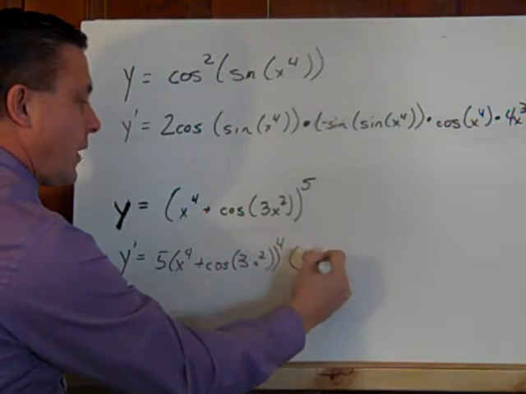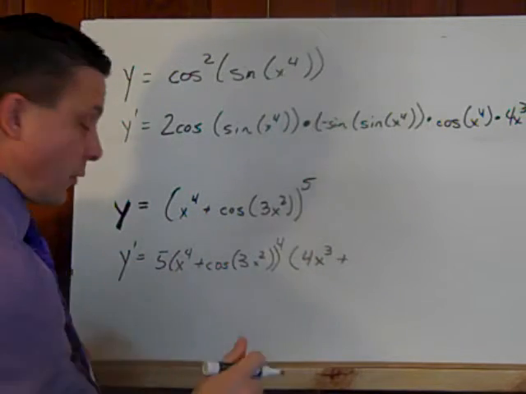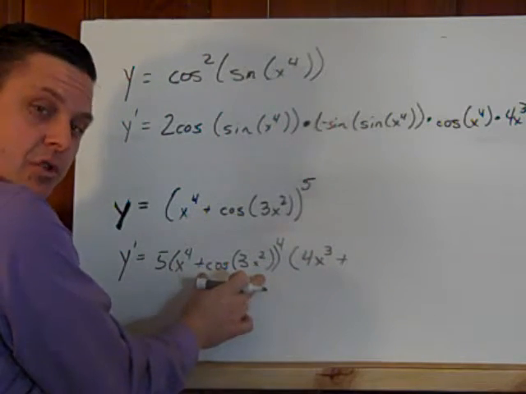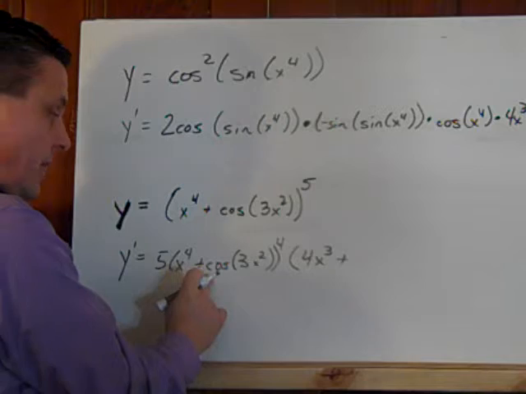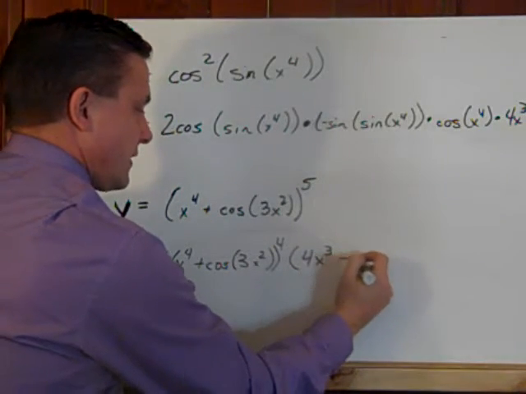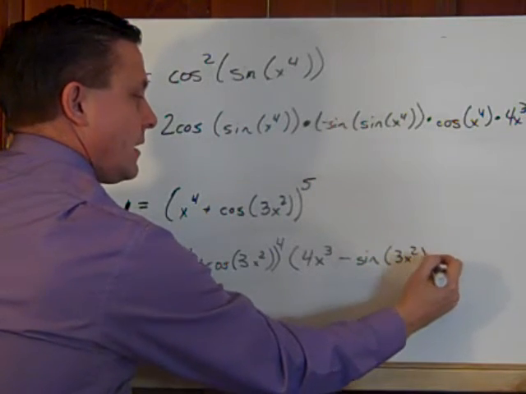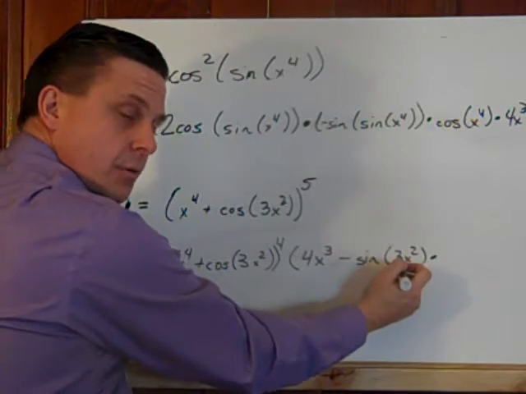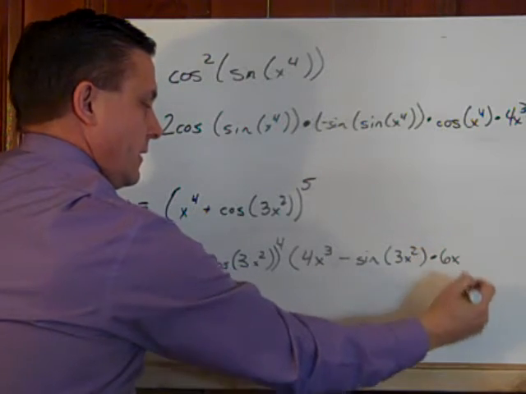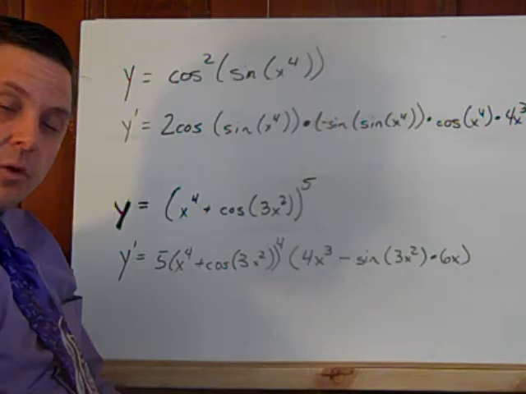Derivative of x to the fourth is 4x cubed plus. Now this one's more complicated. I have to deal with this with the chain rule. Well, I look at it, no power, so I can say the derivative of cosine is negative sine, and the argument doesn't change. Then I have to take the derivative of the argument, 3x squared is 6x. And that is the derivative of that function.